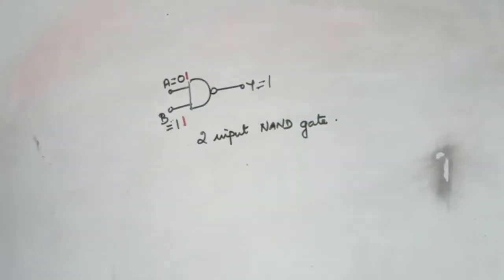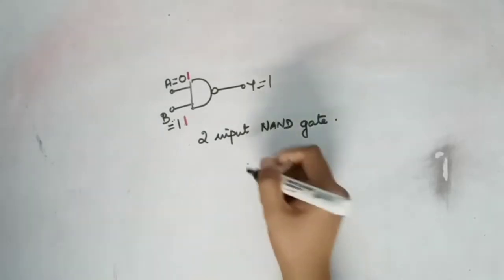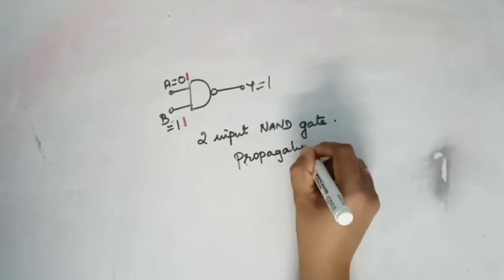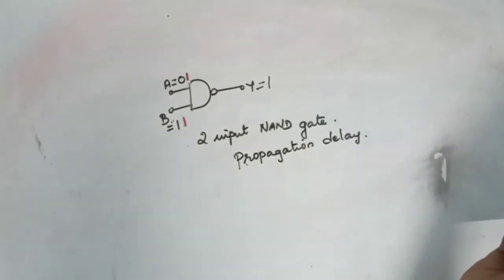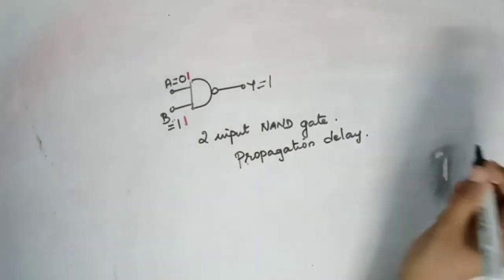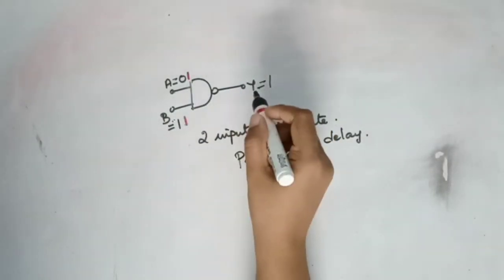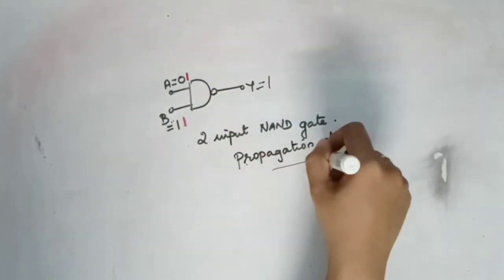What is the time it takes for the output to change when there is a change in input? That is called the propagation delay.